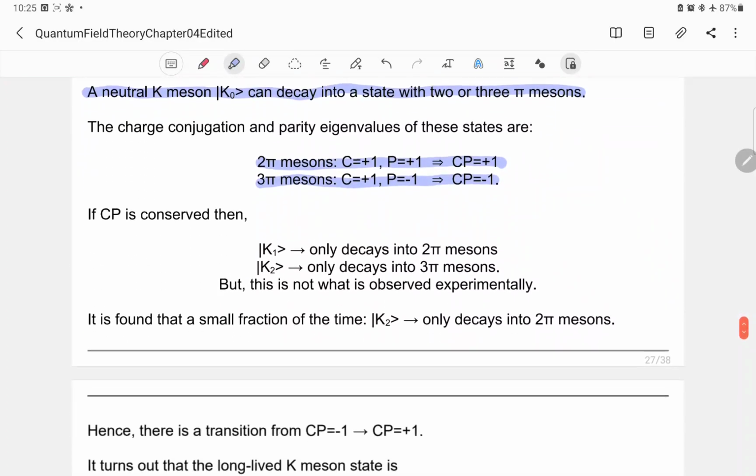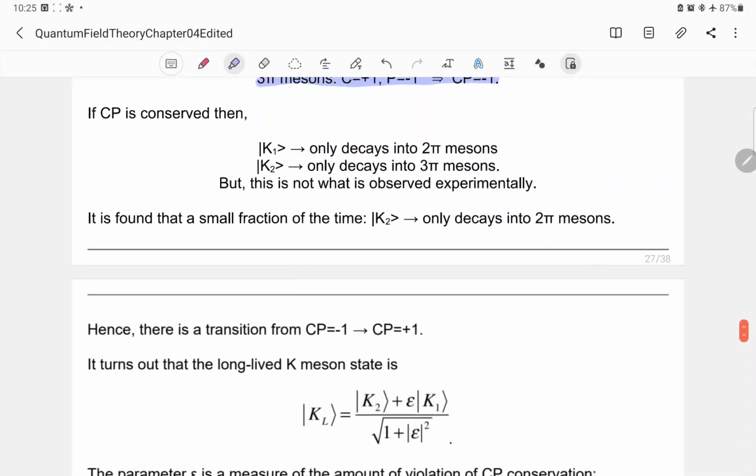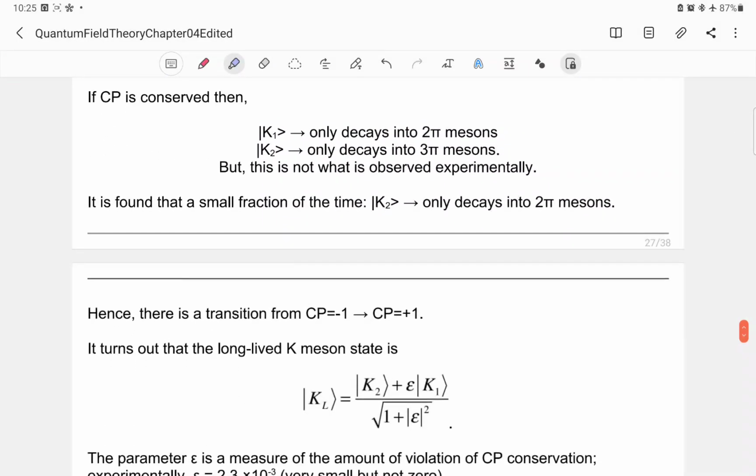If CP is conserved, then K1 only decays into 2 pi mesons, and K2 would only decay into 3 pi mesons. But experimentally, this is not the observation.